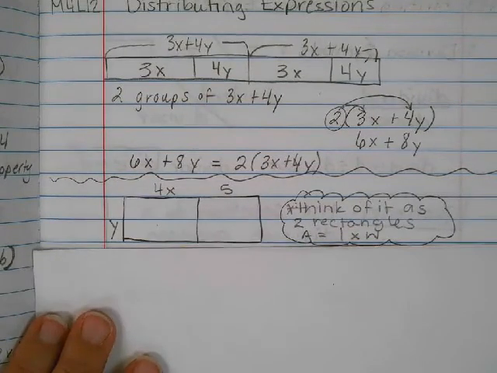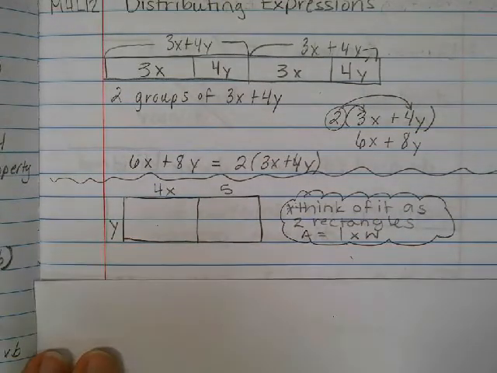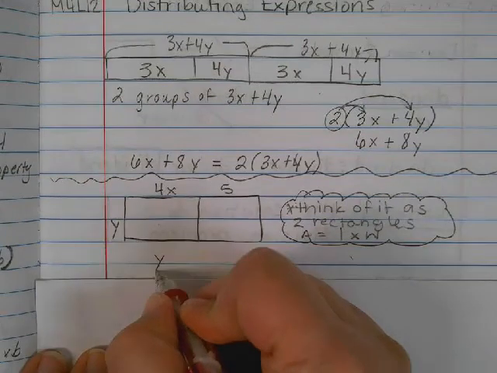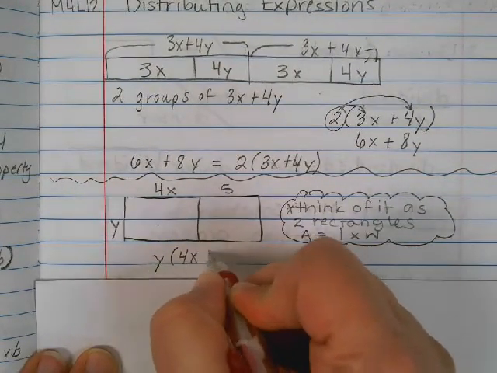So if I wrote this first as an expression, it would be y times a group of 4x plus 5.